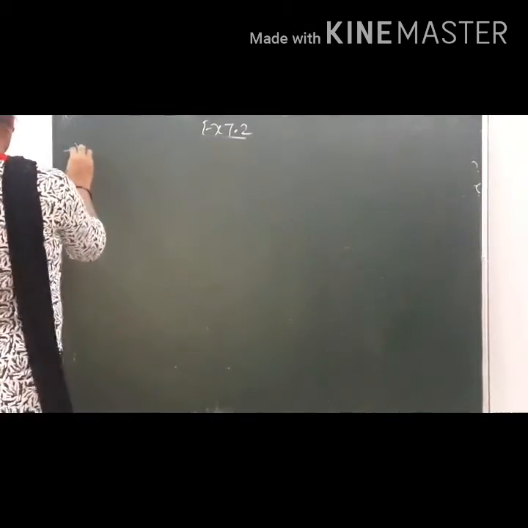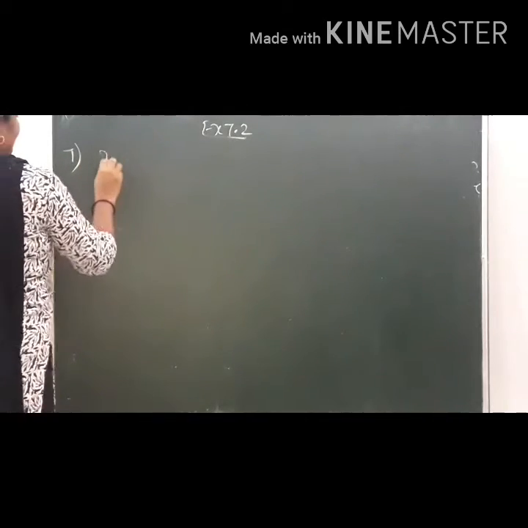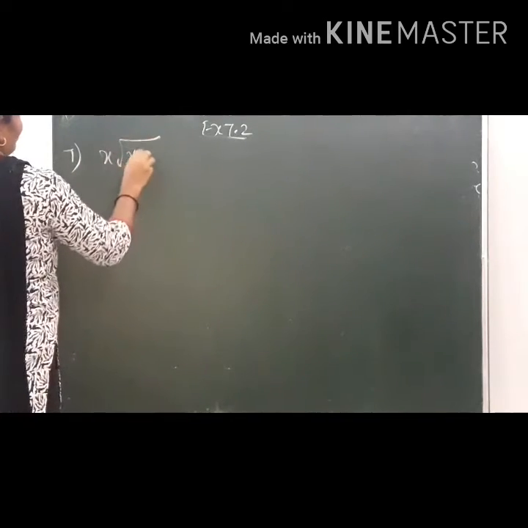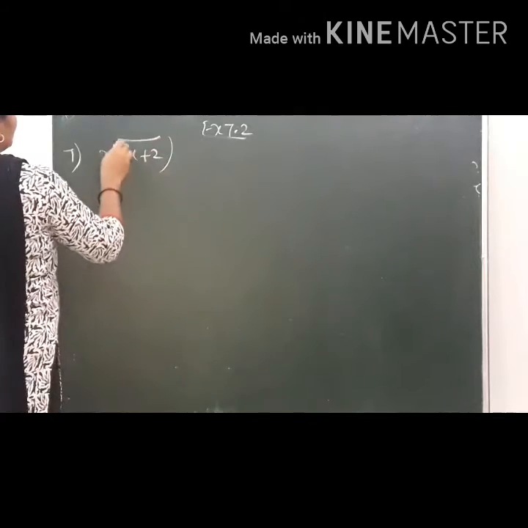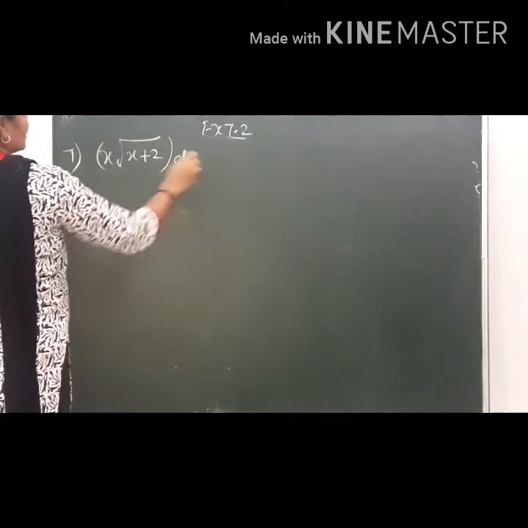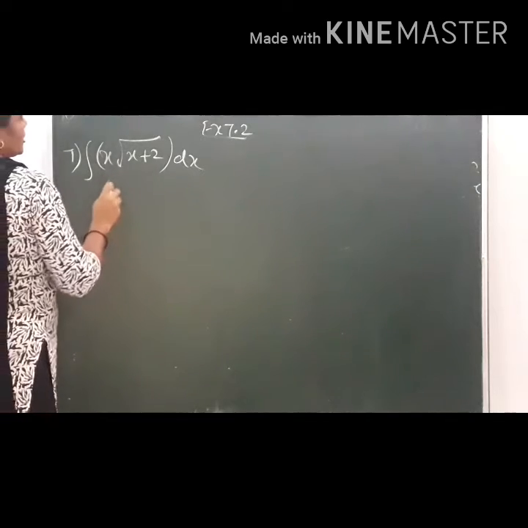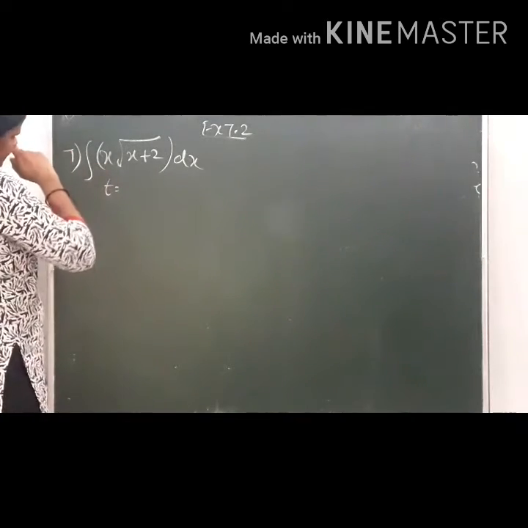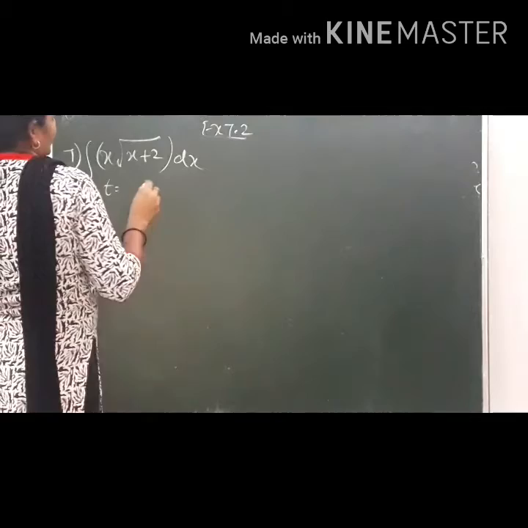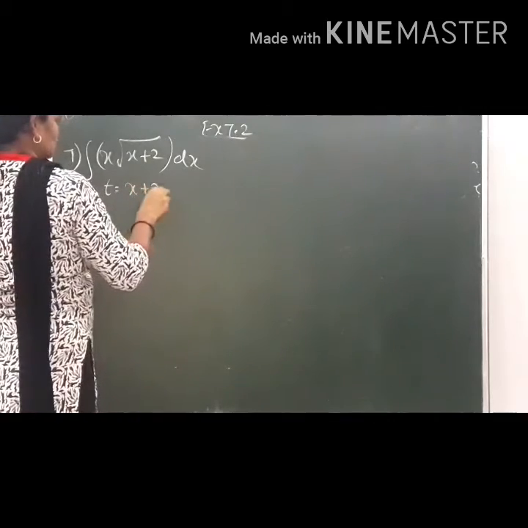Now question number 7. Given: x into square root of x + 2 dx. We can find this out. Let us substitute first: t = x + 2.